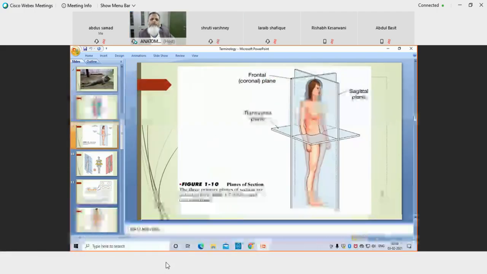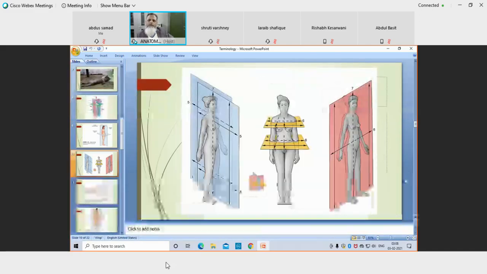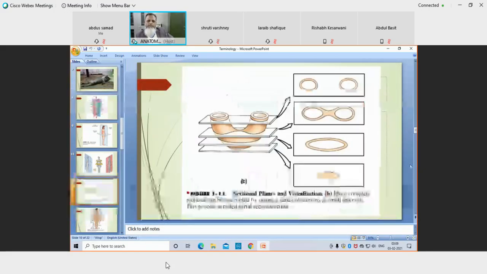Now, see another picture of the same, and here again see the different planes that are being used. What is this plane? Transverse.